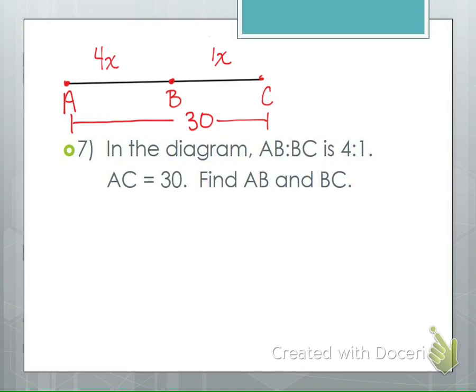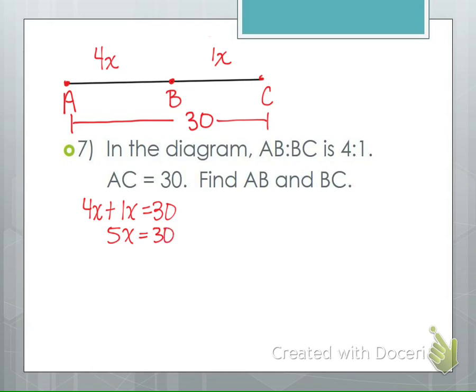Do we have questions about the logic to get me to this point? Okay, now we can go back to our first semester knowledge of segment addition. And I can add my two little pieces together and set it equal to the whole thing. So what would my equation look like? Okay, if we write it out from the beginning, 4x plus 1x equals 30, or if you go ahead and shorten it up and just tell me 5x equals 30, I'd be okay with that.